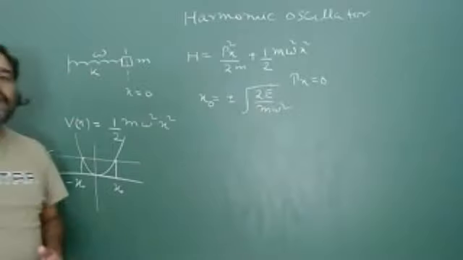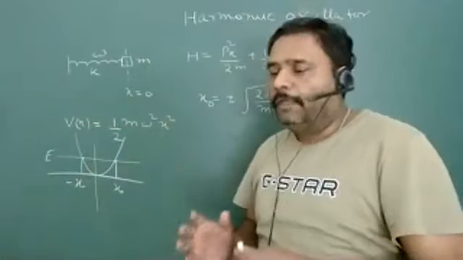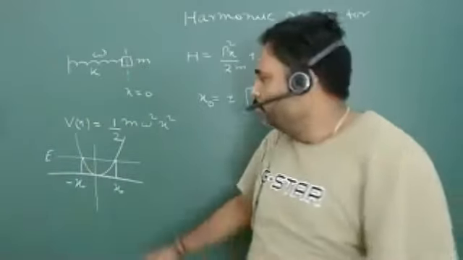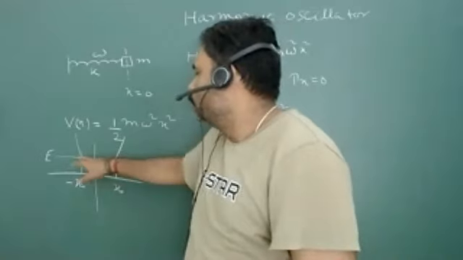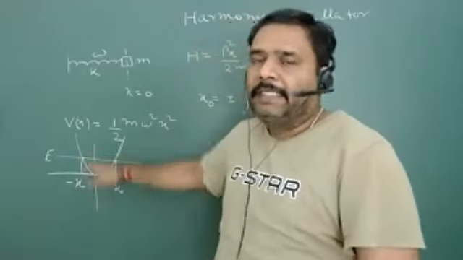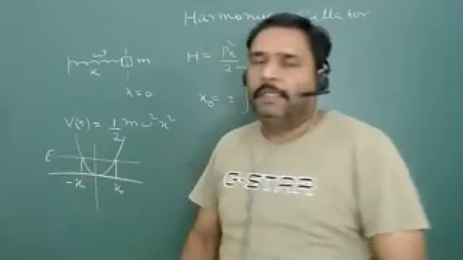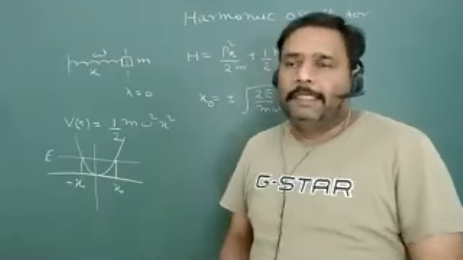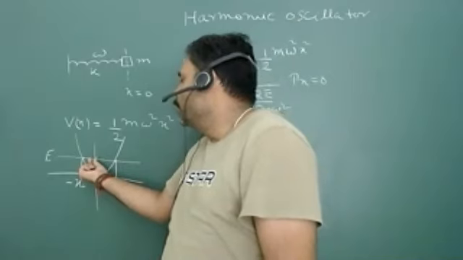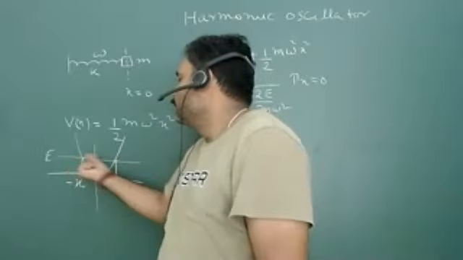In terms of likelihood, if we want to talk about where the particle will be most probable, classically what we will see is that the particle will be at rest at the turning point, so it will be most probable at the turning point, and it is the fastest at the center, so it will be less probable at the center. In another way, the time spent passing a delta x will be less near the center, and it will be more near the turning points.